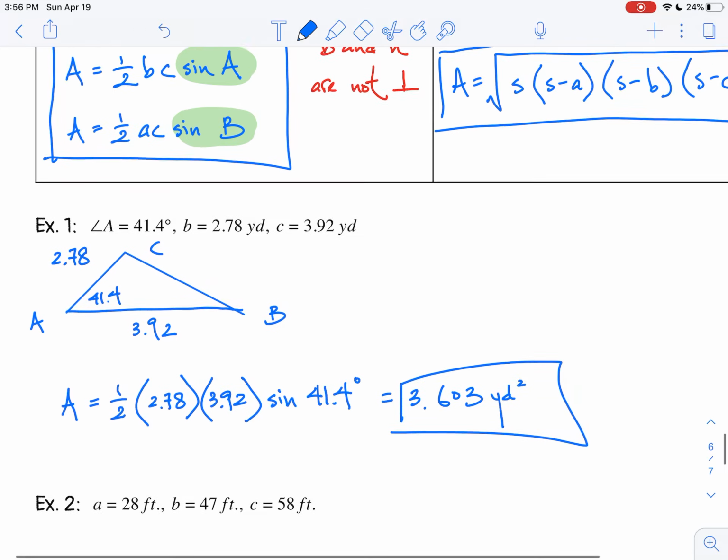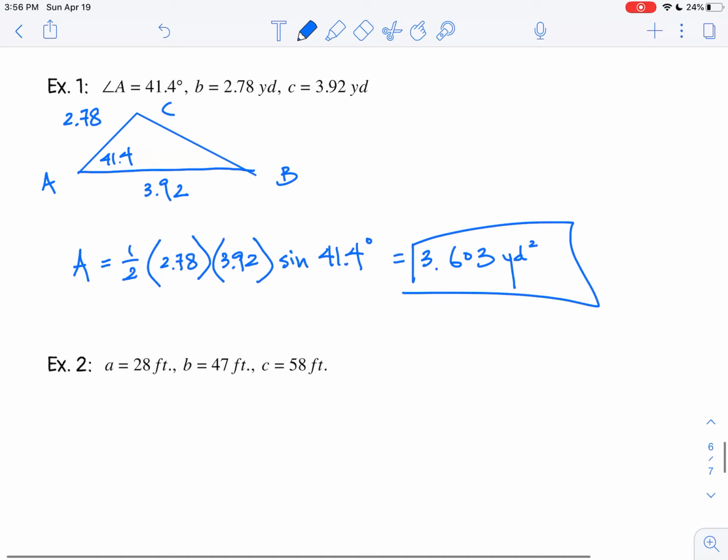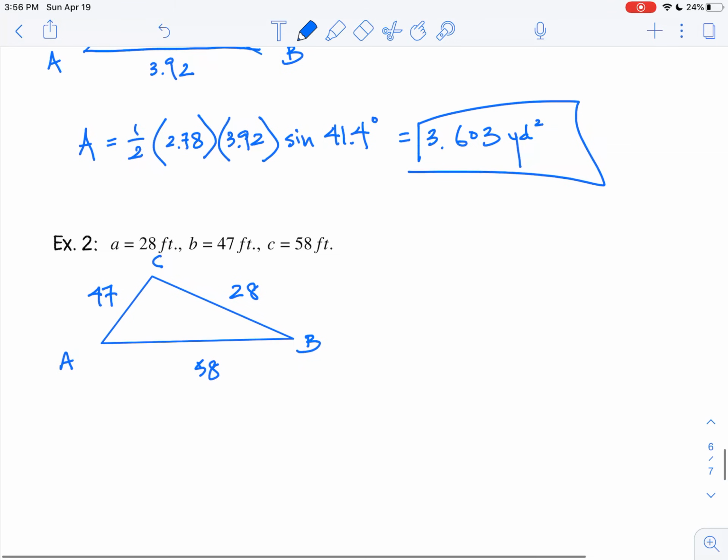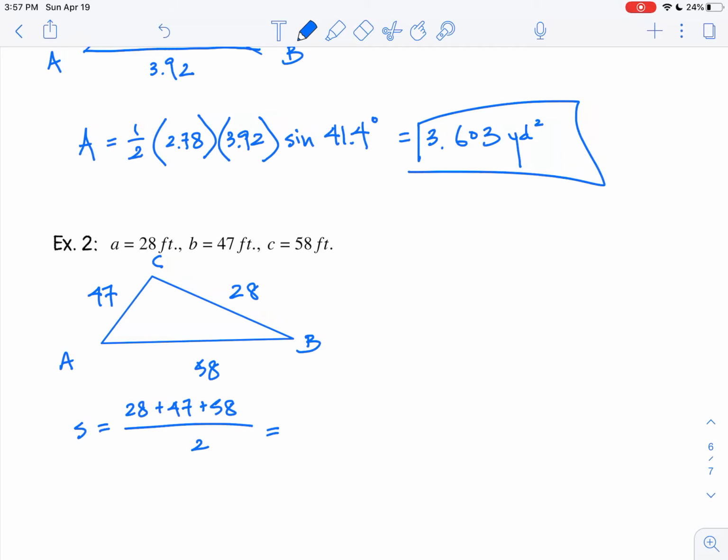All right, let's take a look at this second case. This looks like a great situation to use Heron's formula, the one with the semi-perimeter, because I have one side, another side, and the third side. I want to find the semi-perimeter first. I add up all the sides and cut it in half, and I get a semi-perimeter of 66.5 feet.